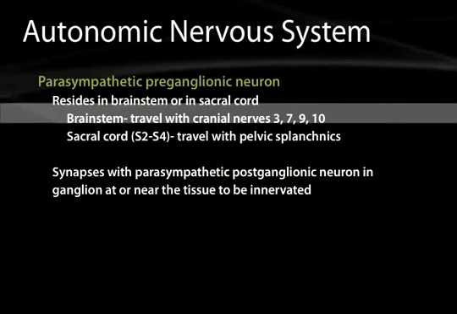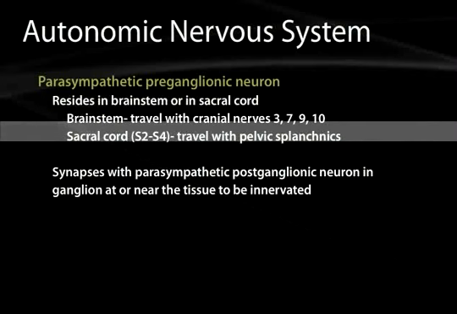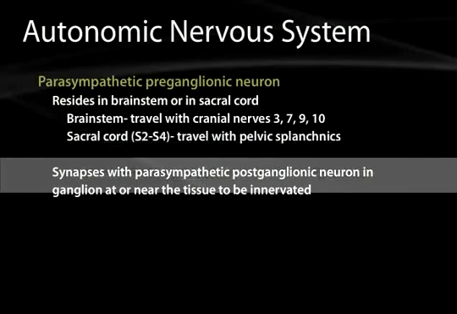There are also preganglionic parasympathetic neurons sitting in the sacral cord from S2 to S4. These fibers will travel along with pelvic splanchnics to innervate the genitalia. At that point, it will synapse with the postganglionic neuron in the ganglion that is usually at or very near the tissue that is to be innervated.